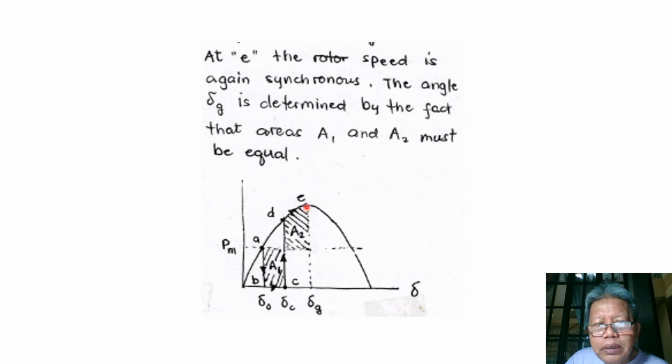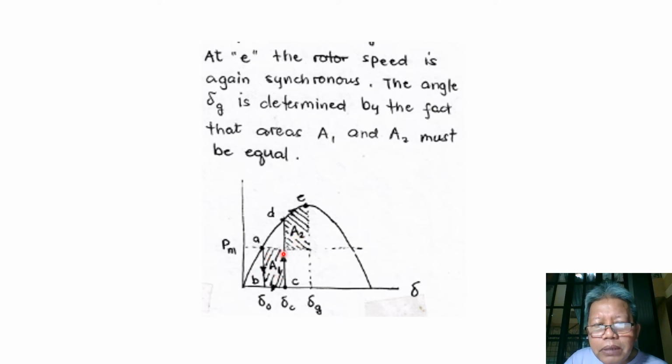So the rotor angle slows down but still follows along this curve until it stops at point E. Now, point E is the point where area 2 would be equal to area 1. Area 1, as shown in this diagram, is the area of this rectangle with the PM as the boundary here, and we have 0 down, and then we have this height, or the side of this rectangle, while here we have the area under the sine curve, such that by the equal area criterion, A1 must be equal to A2.